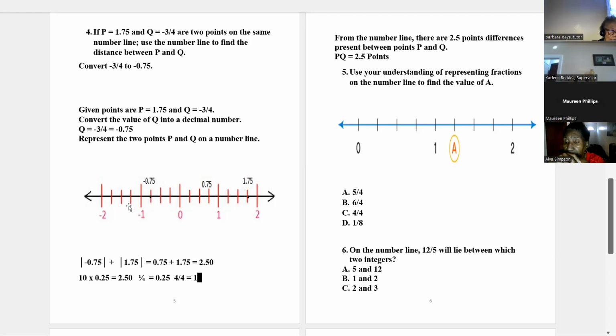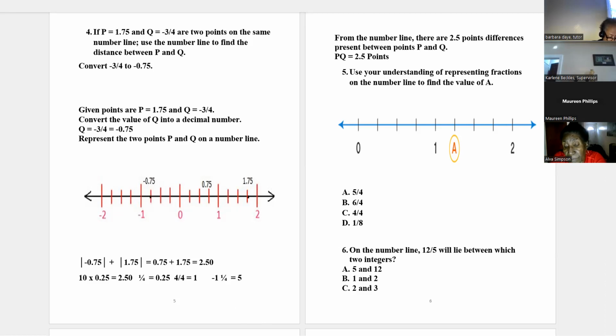And this would be what? -1 and 2/4. And this one would be -1 and 3/4.